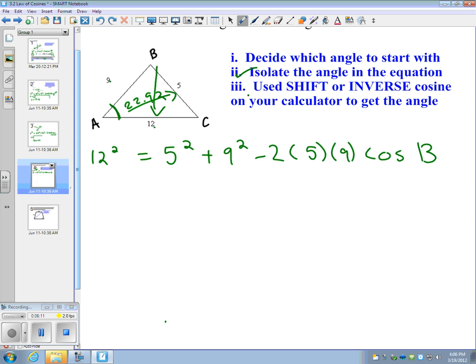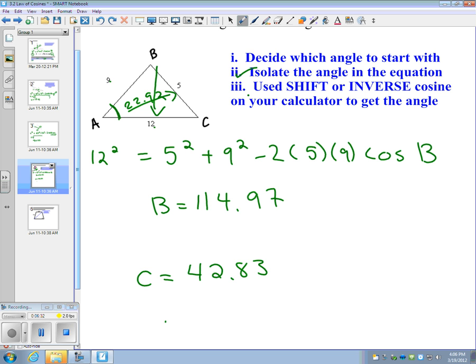Take a few seconds to isolate that, and we should get B is equal to 114.97. And finally, you can either go through the cosine law again or use the sum to get C to be 42.83. So when you have your printed out notes, I would take a second just to make sure you could do this in your calculator.